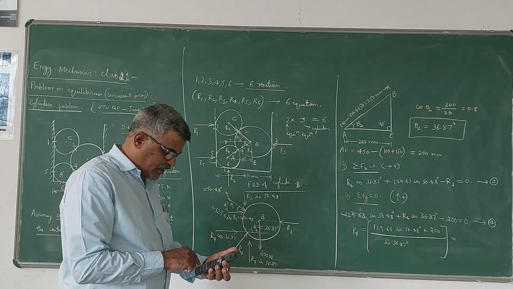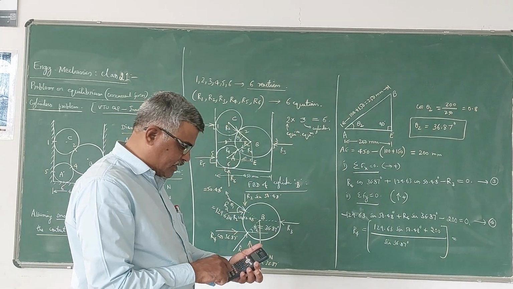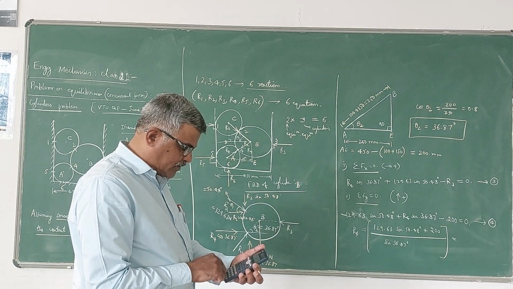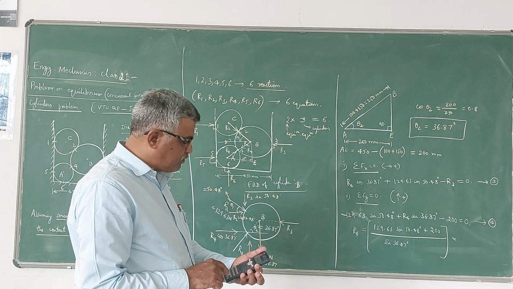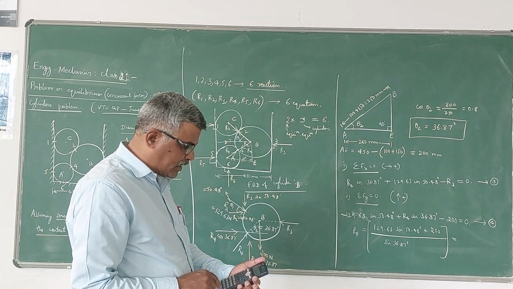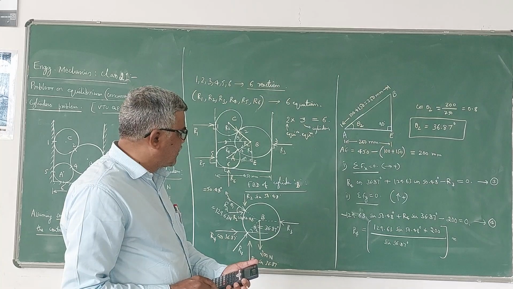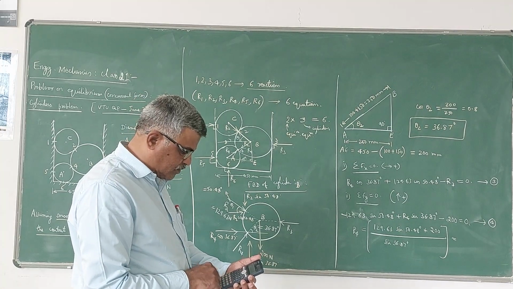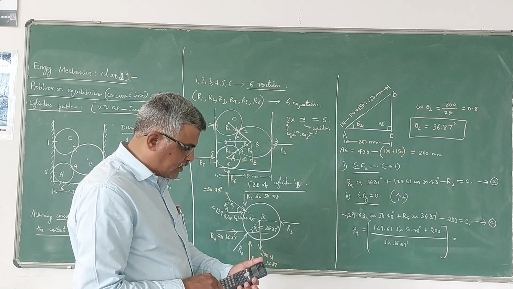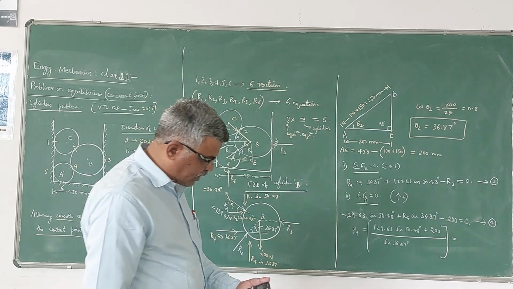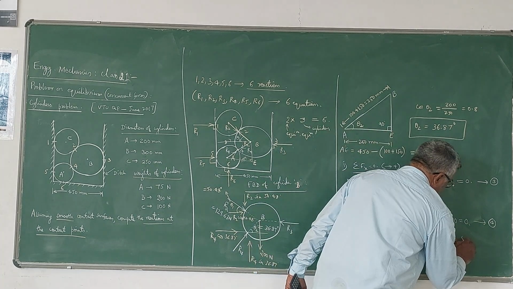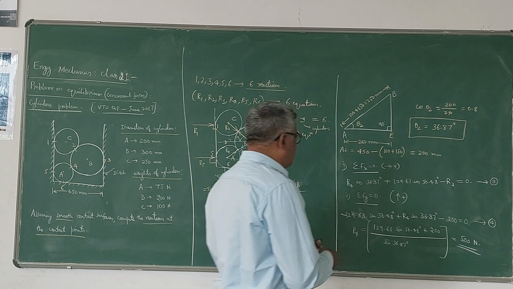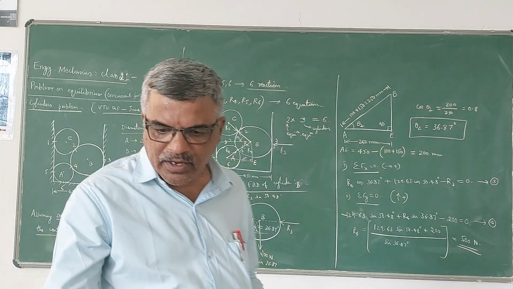Let us calculate it. 129.63 into sin 50.48, then plus 200, divided by sin 36.87 is equal to 499.9, that is 500 Newton. So the value of R4 is 500 Newton.